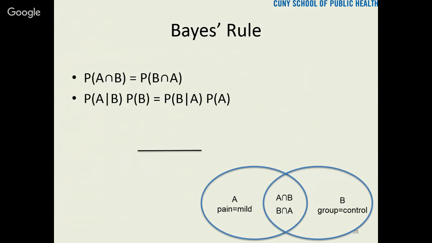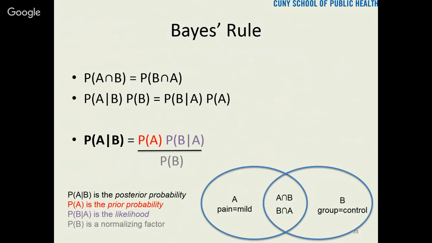Then we use that equation we had on the previous page to expand this out, written in these two ways as conditional probabilities, and then just divide through by this probability of B, and we have here Bayes' rule.